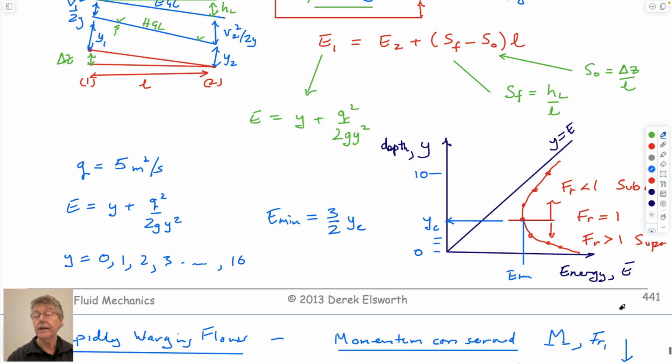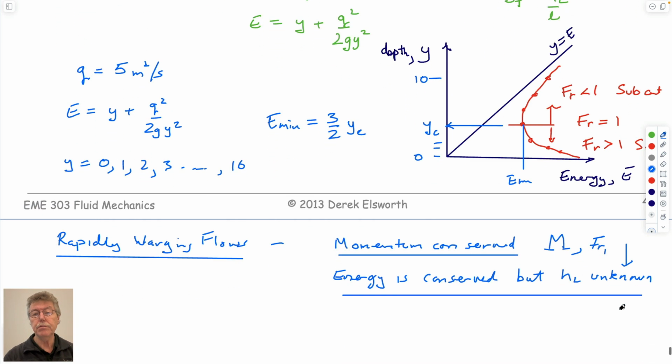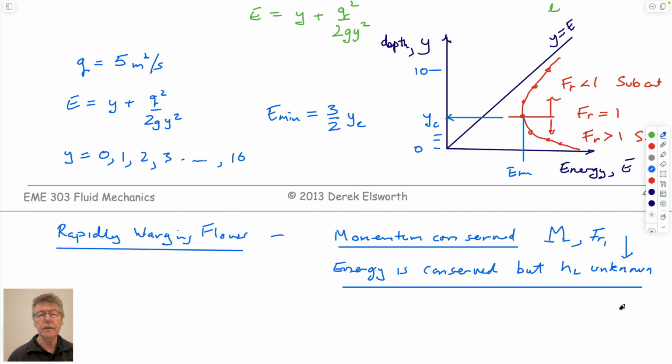So that's all we'll cover for open channel flows. The stuff we talked about today in the first part is probably useful to you in the closeout of the class. The second part, rapidly varying flows, is useful to you, but not in the closeout of the class, so you don't necessarily have to look at that.